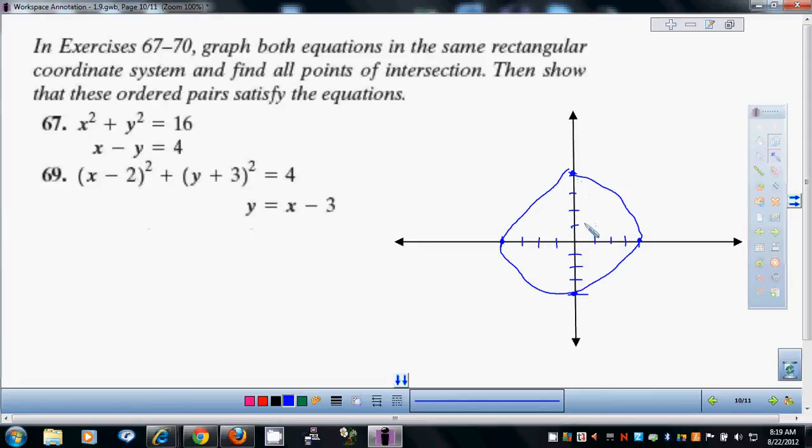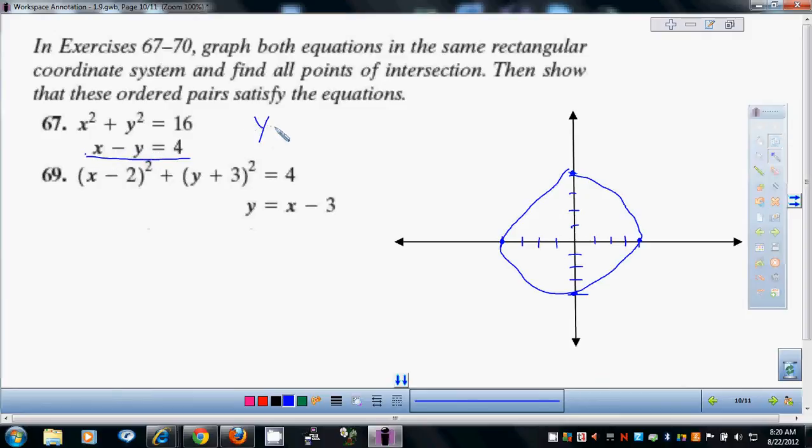What is this equation? What's a more graphable version of that equation? What would make this easier? Hint, it's a line. If there's no squares, it's just a line. So what would make this thing easier to graph?